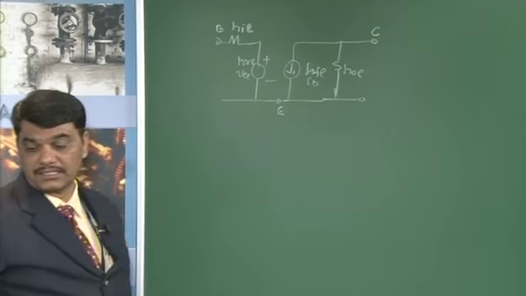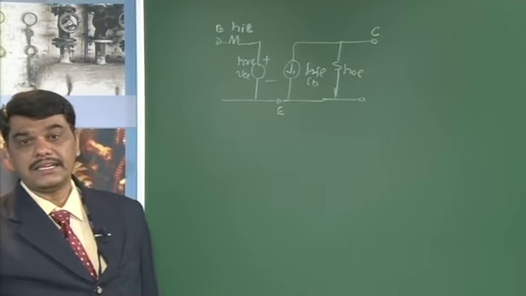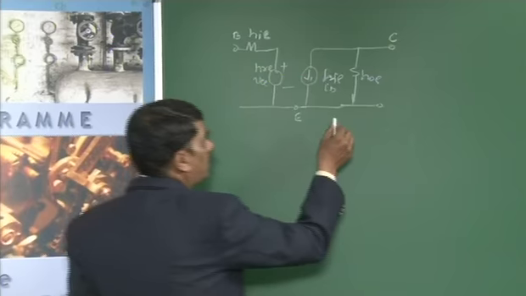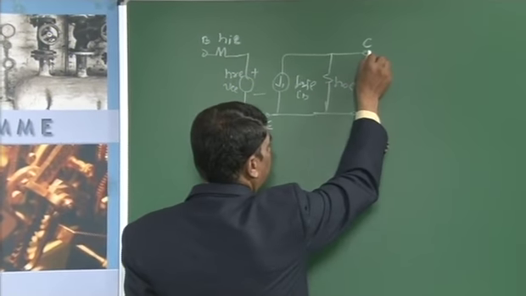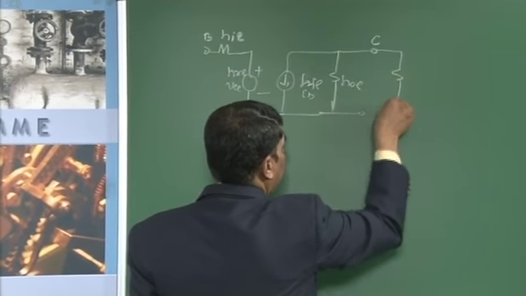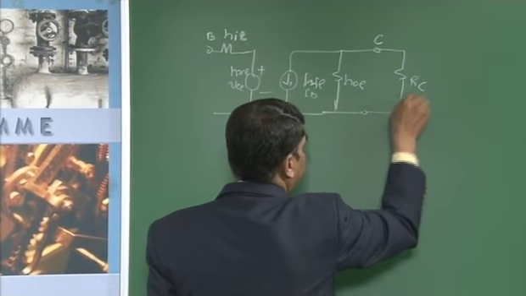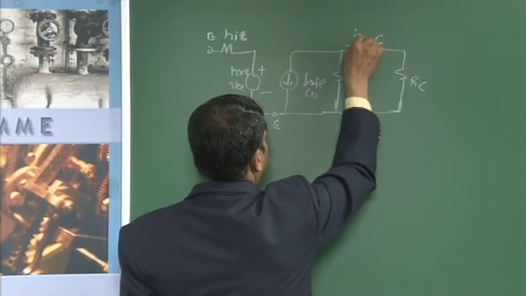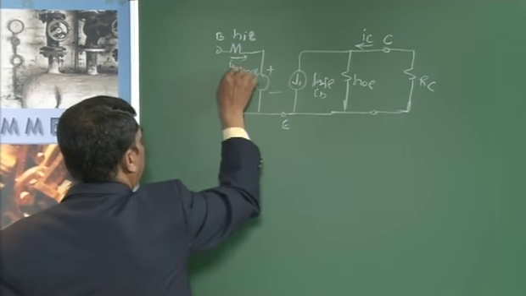In this transistor figure, the resistance RE is in parallel with CE. At low frequency, that capacitance acts as a short circuit, and then RE is shorted. To transfer the remaining components, you have to set VCC equal to 0. Then the resistance RC is connected between this point, and then the collector current is IC, and this current is IB.